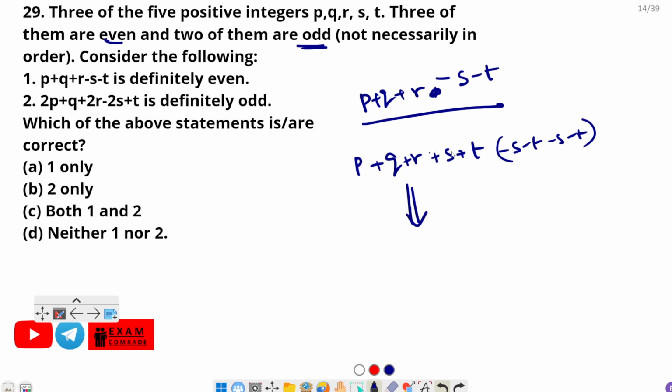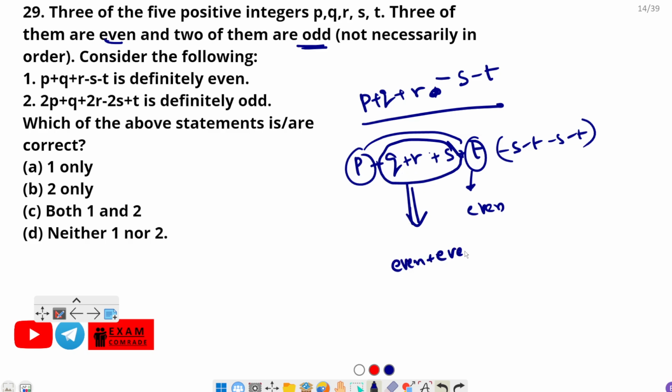As 3 of them are even and 2 of them are odd, so this sum will be even. Odd plus odd is even. This is all even terms, so this will be even. Even plus even minus 2 into S plus T. As S plus T is multiplied by 2, this will be always even. So the entire number will be always even. Okay, so the first option is correct.